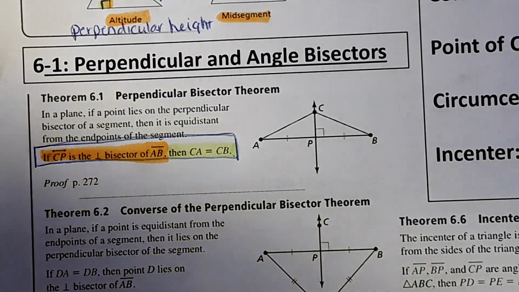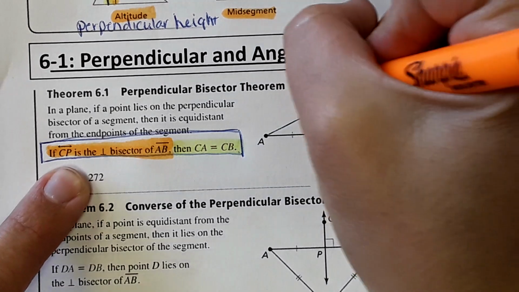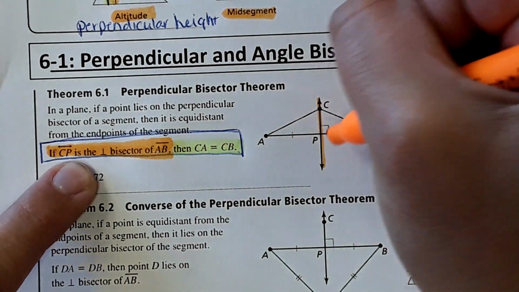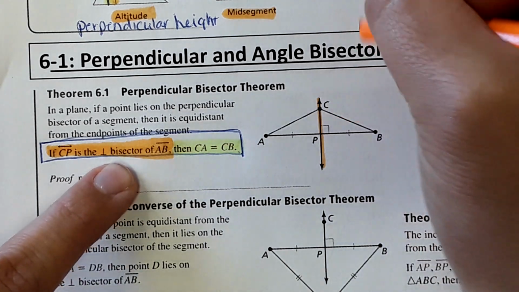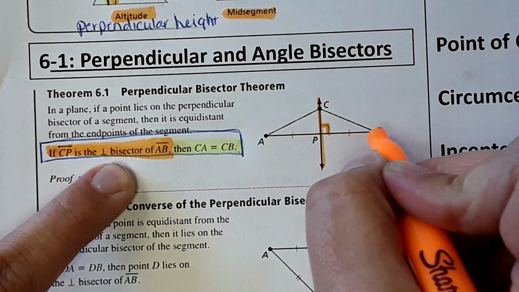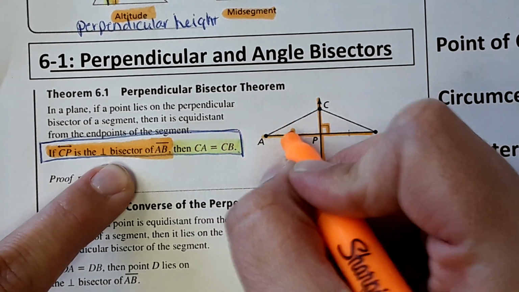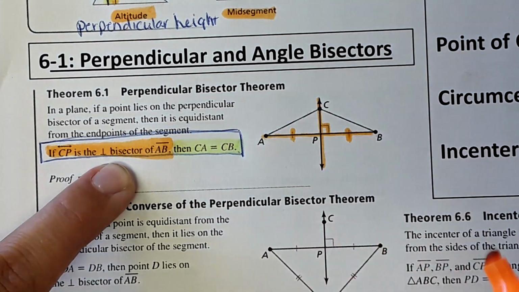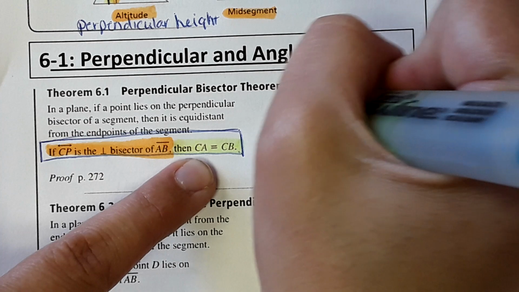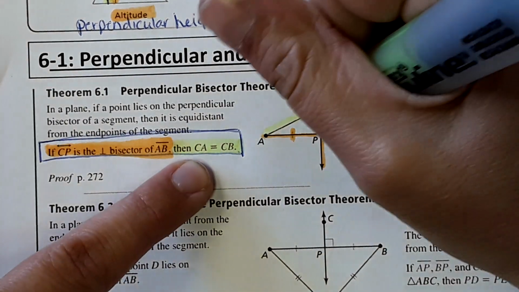Okay, so for the first part, it says that line CP, so this line right here, is the perpendicular bisector of AB. So this line is perpendicular, meaning it makes a 90-degree angle, and it's a bisector of AB, so this side of the line is the same as this. So two things, it's perpendicular and it bisects. When that happens, then you can say that CA is equal to CB.